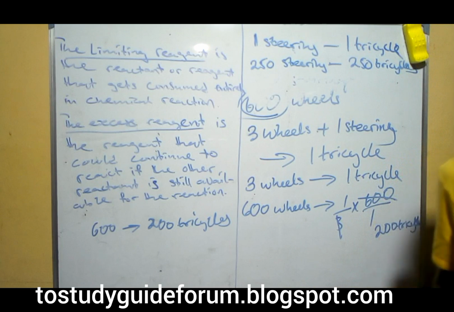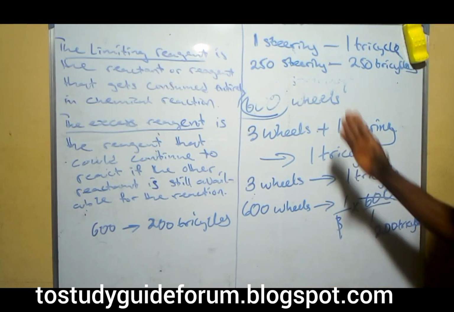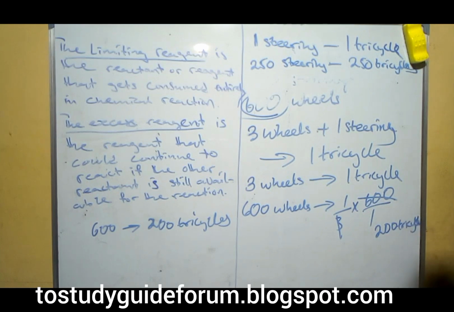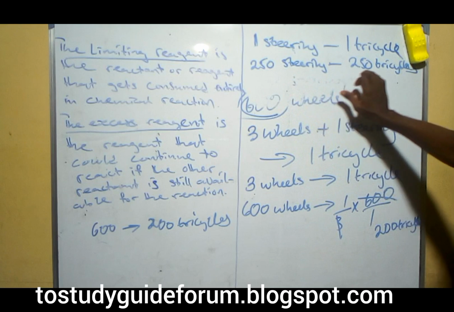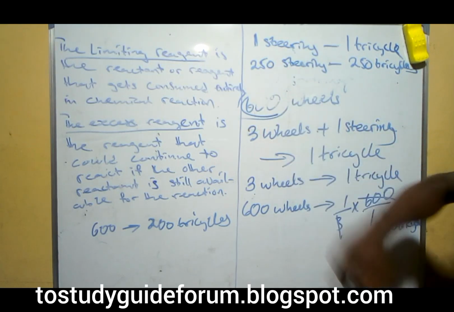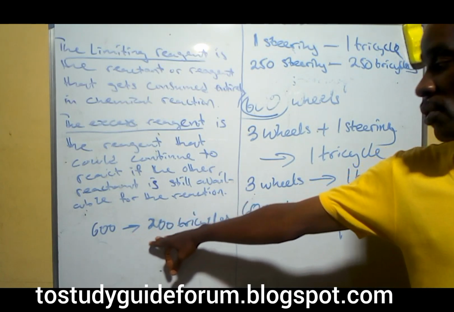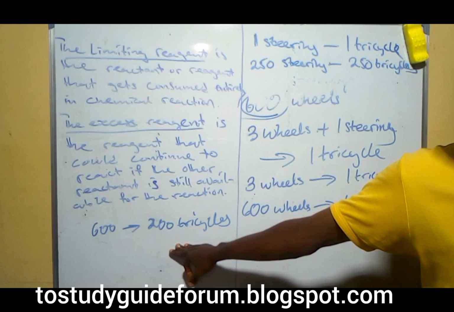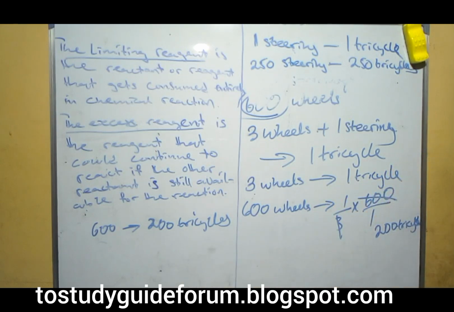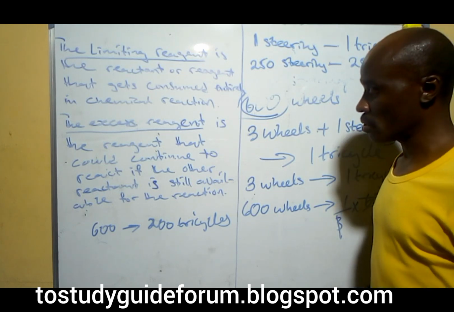Now, when we look at both of them, we find out that while we are going to produce 250 tricycles from 250 steerings, from 600 wheels we are going to produce 200 tricycles. So in this case, the limiting material is the wheels.